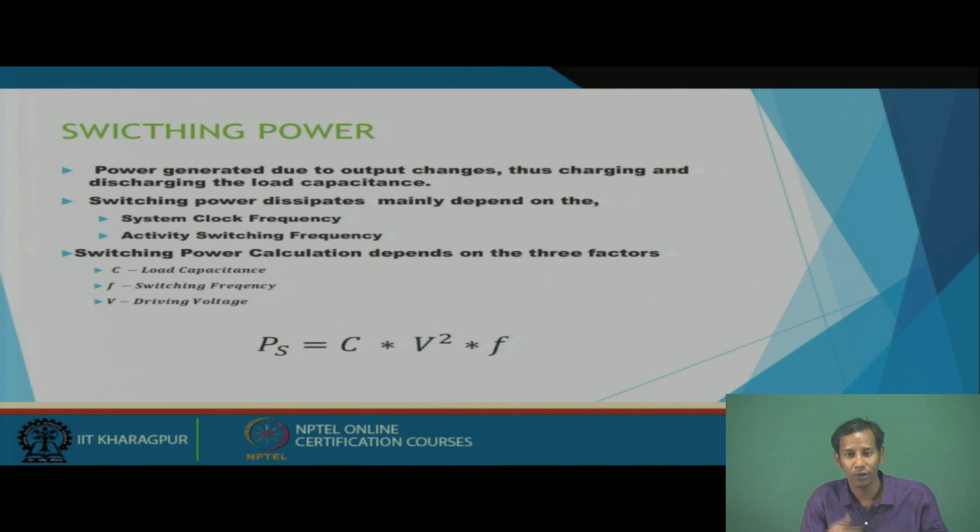Whenever you use a lower voltage, let us say 0.85 volt or 0.5 volt, you will consume lower power, because this particular switching power is proportional to the voltage square. So, if you can reduce any of the capacitive load, the voltage or the frequency, you will get the corresponding benefit in terms of power consumption.